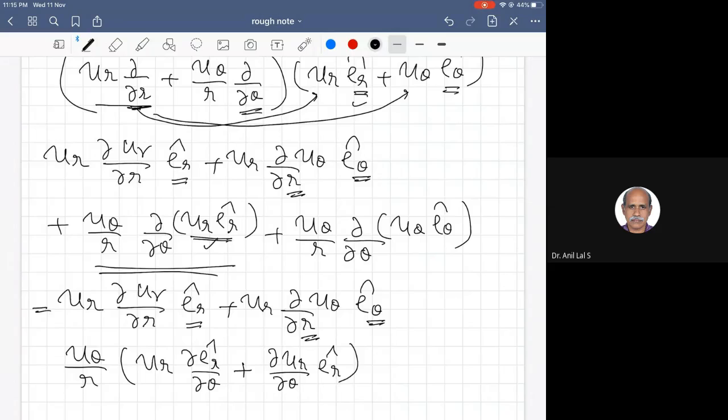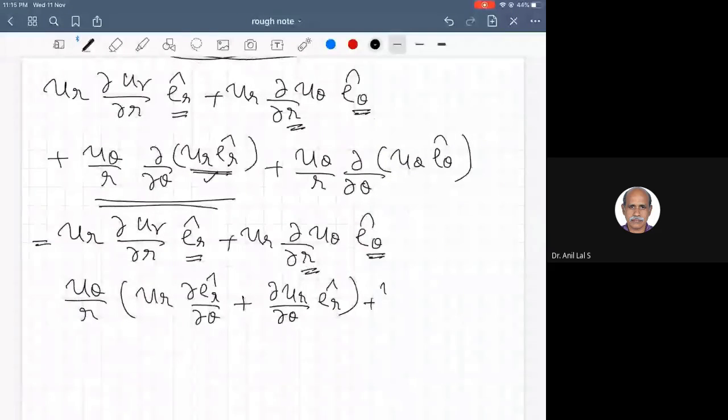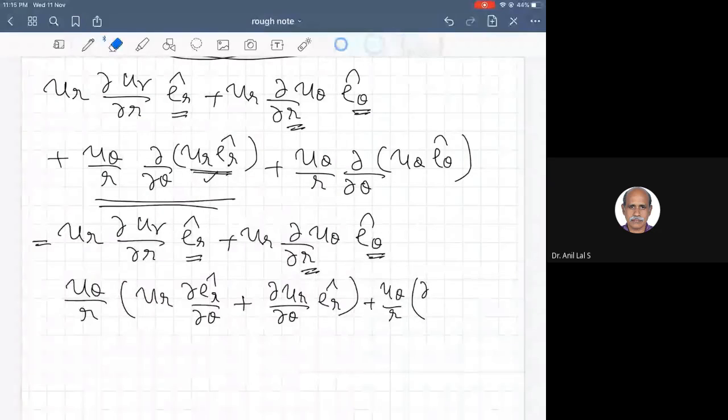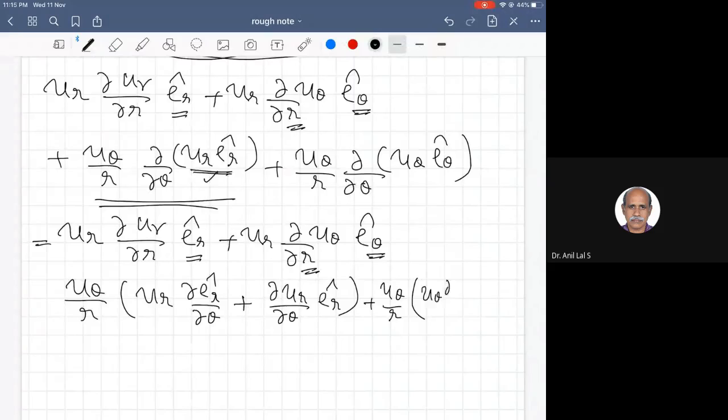Similarly here it is u theta by r into dou. So u theta is constant and taken outside, and dou e theta by dou theta, plus dou u theta by dou theta into e theta is taken outside.